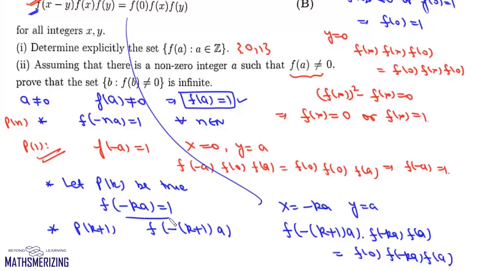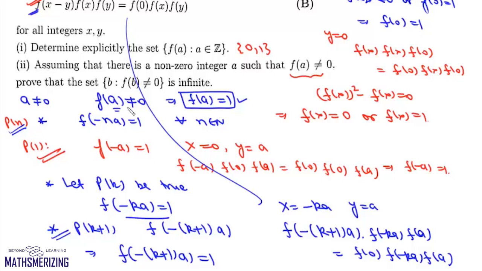Now f(-ka) is 1, f(a) is 1. So from here we can say f(-(k+1)a) is also 1. So P1 is true, and assuming Pk to be true, Pk+1 is true. That means from induction we can say that the statement Pn is true.